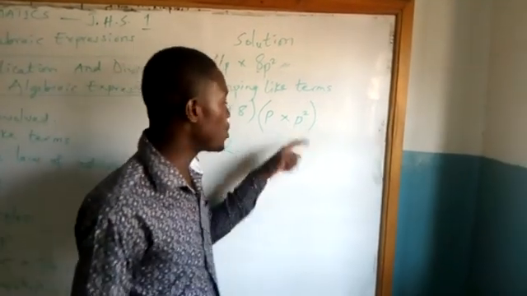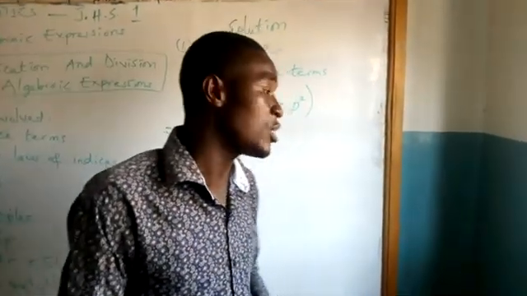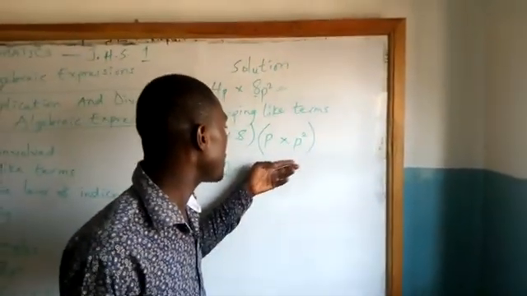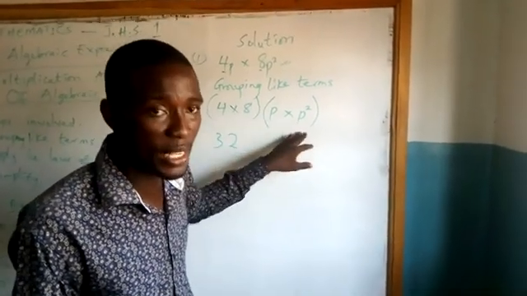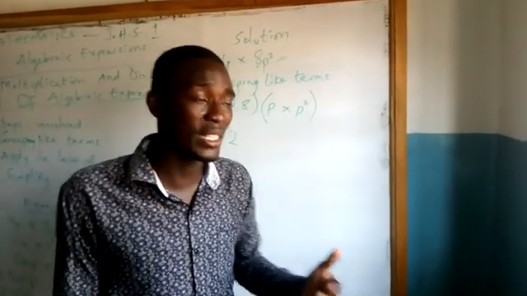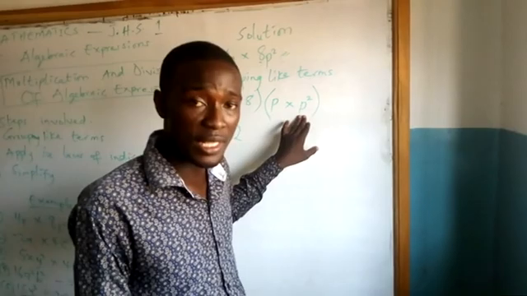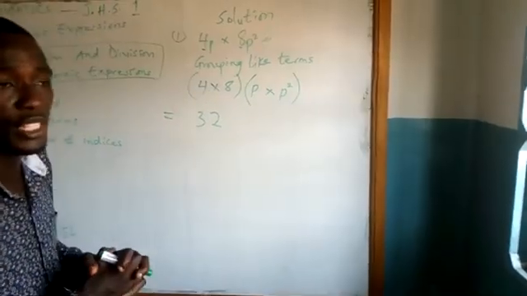Then the p and the p squared, we learned in indices in our previous lessons, before the sudden break, that anytime we have the same bases, if we have terms or numbers written in index form with the same base, we can add the exponents and merge the two.